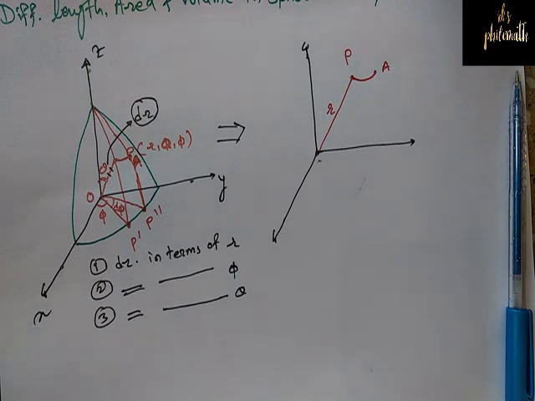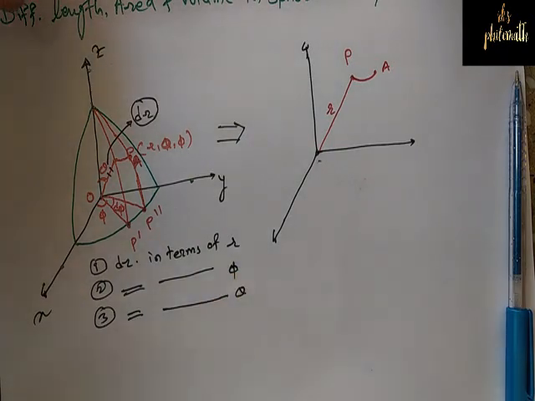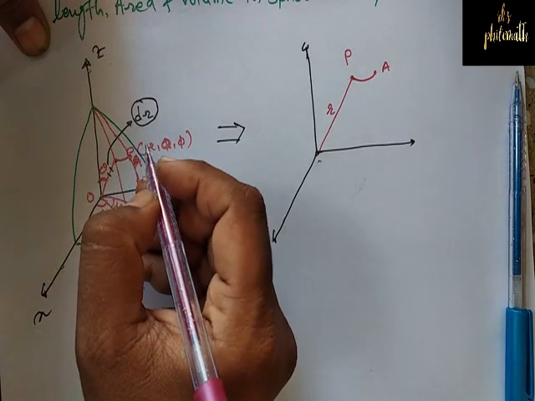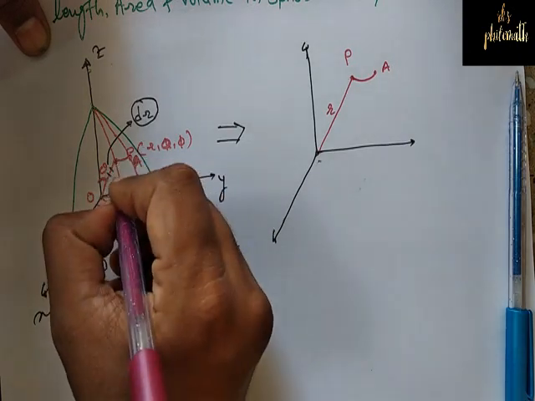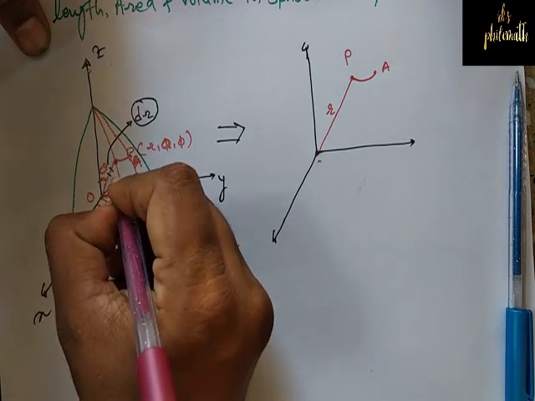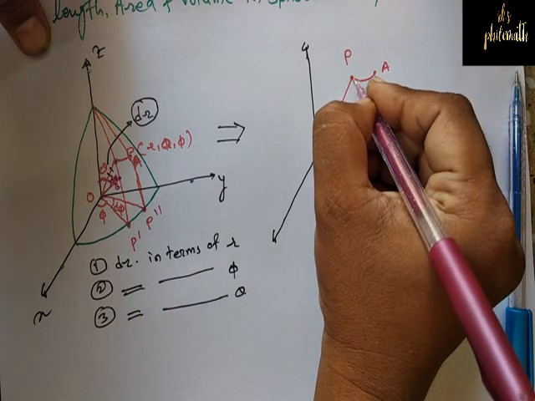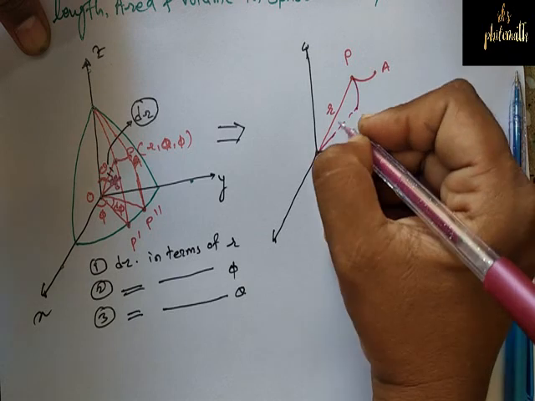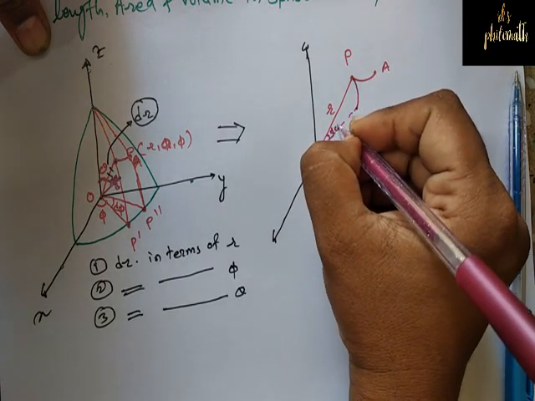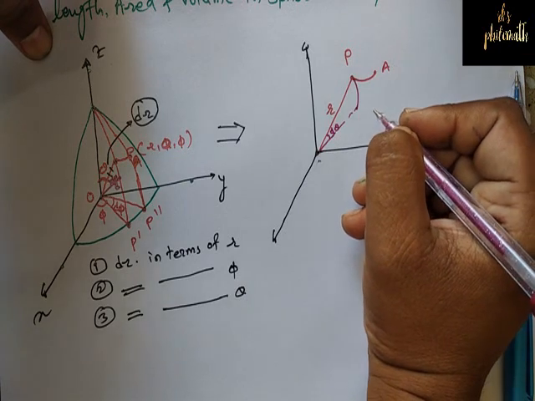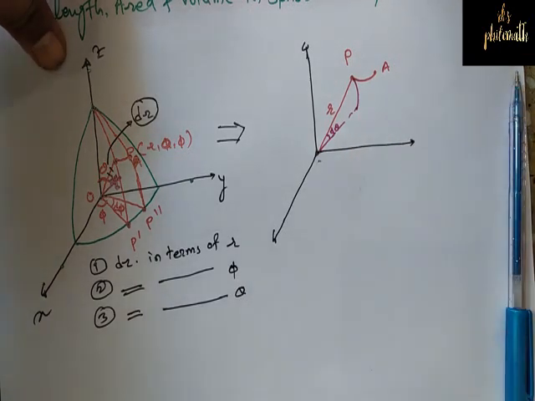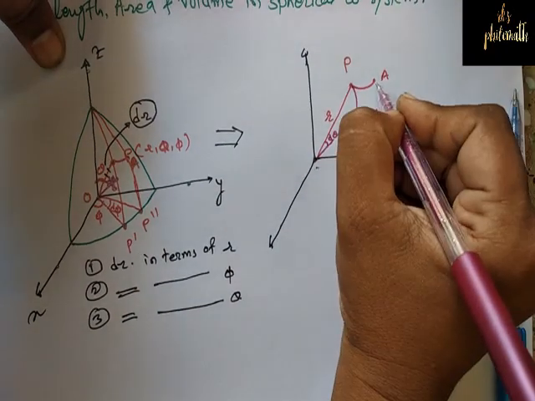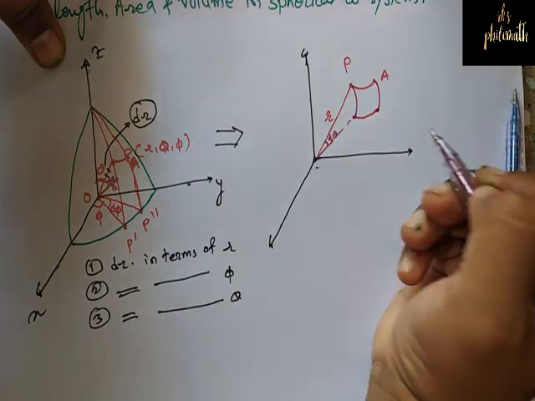Now we have to change a slight in theta. So this is theta. Now move this point P to point B and again connect this. So this is d theta. Now if I connect these surfaces, it will be like this diagram.